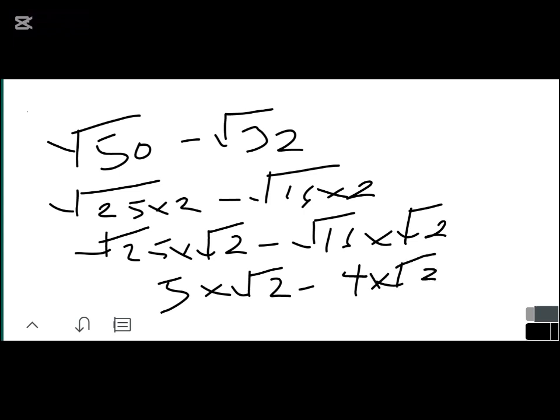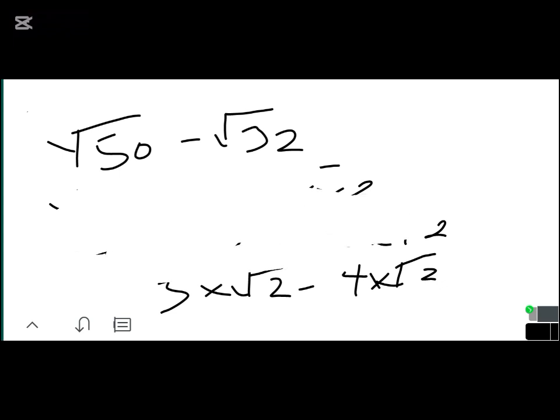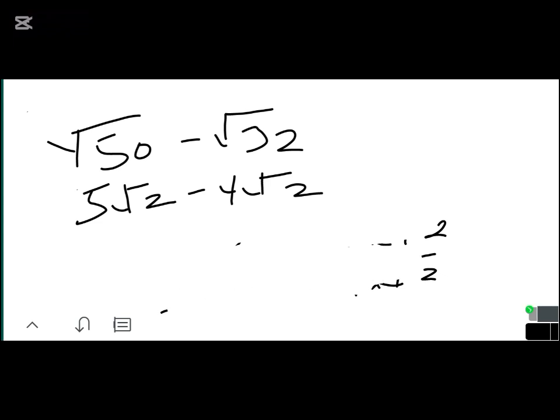So we can write this in the form of 5 square root of 2 minus 4 square root of 2 before we subtract. Now we have reduced and simplified them.